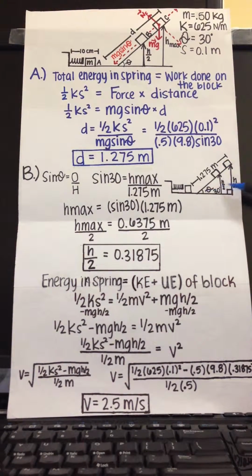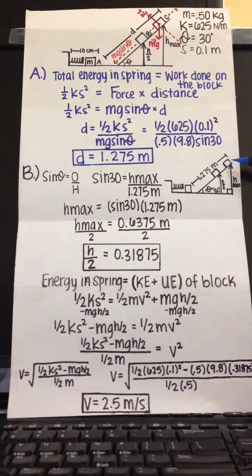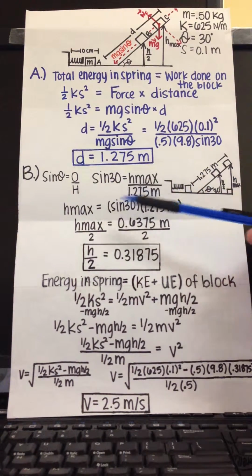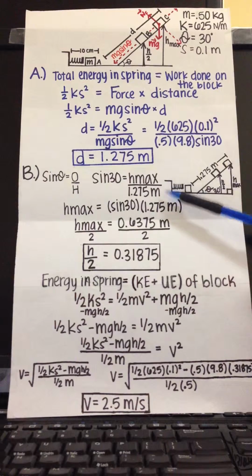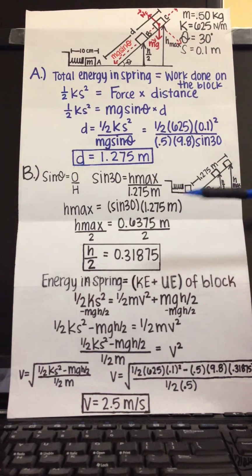The first thing we have to do is find the max height that the block travels. In order to find that, I made this into a right triangle. Here's my 90 degree right here, and I know that sine of theta is opposite over hypotenuse, so sine 30, because we know theta is 30, equals h max over 1.275 meters.